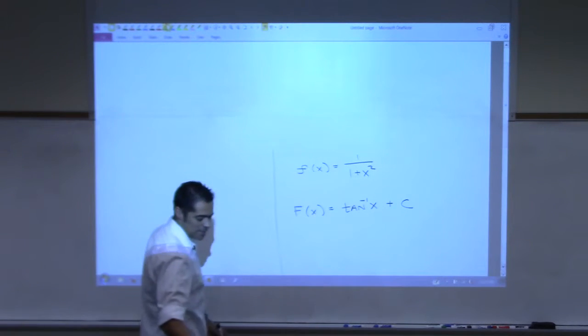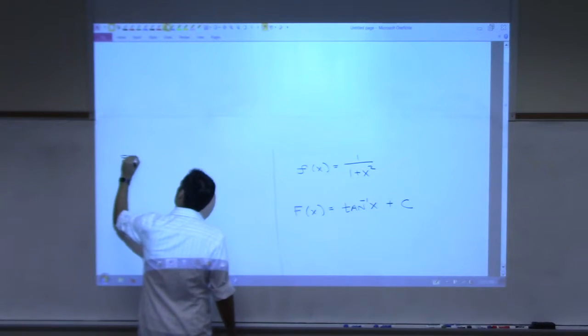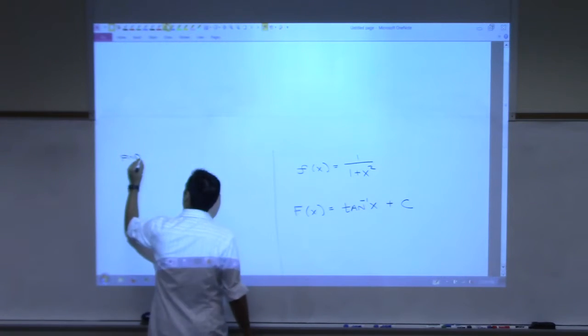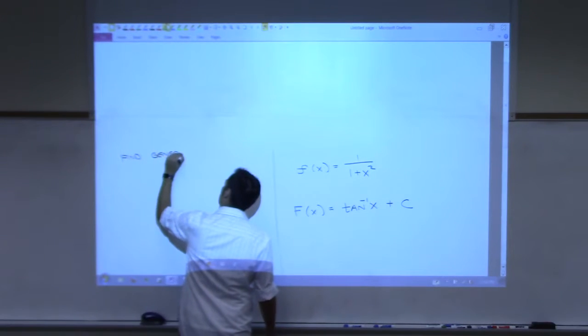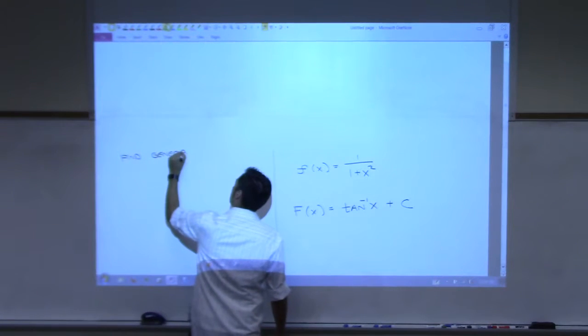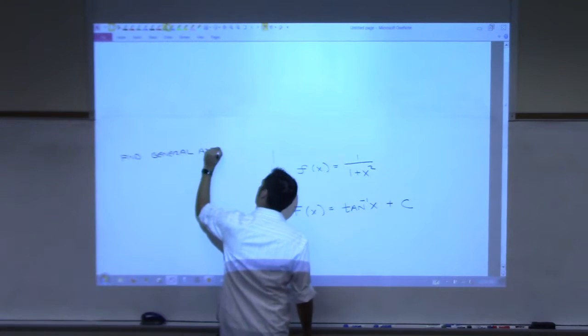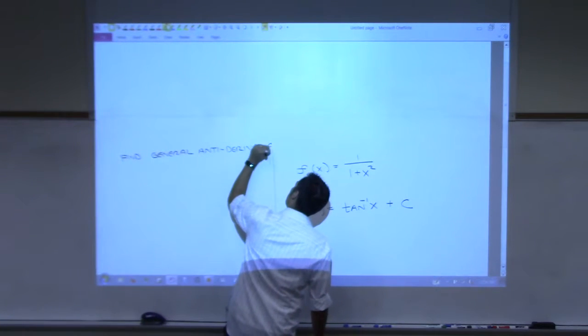Now, it just really comes down to: find the general antiderivative of this.